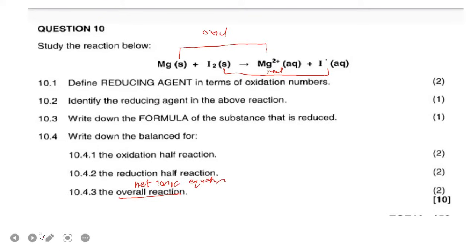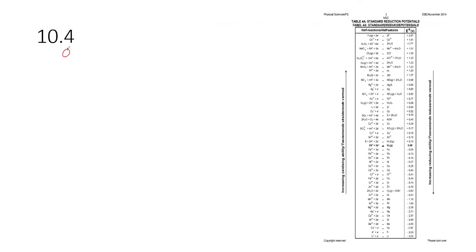Starting off with the oxidation half, since it changes notation, where do we see it? This is it. But now I have to write it in an inverse way. So this is Mg, and then this will be Mg2 plus, and then plus 2e, right? And then let's do the reduction half.